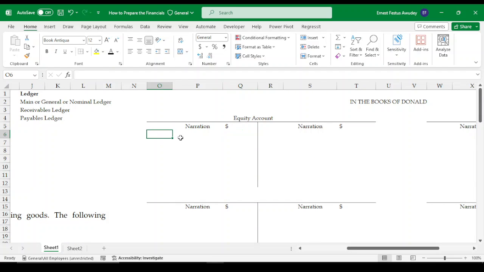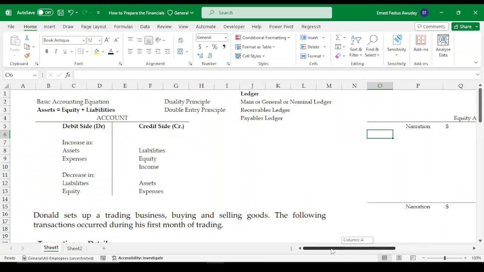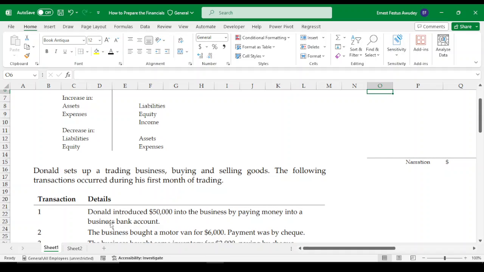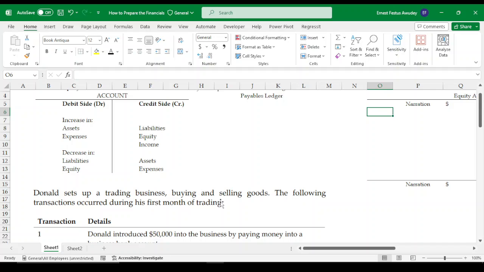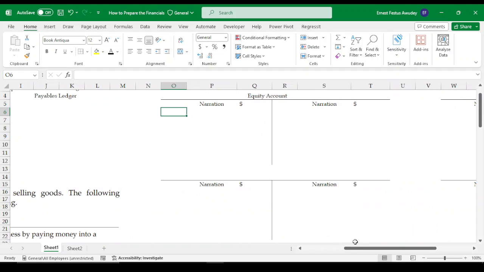So we are now coming to apply the rules of double entry. Now the business owner has introduced capital, which means our capital or our equity has increased. And from the rules of double entry, what did we say happens to equity being increased?